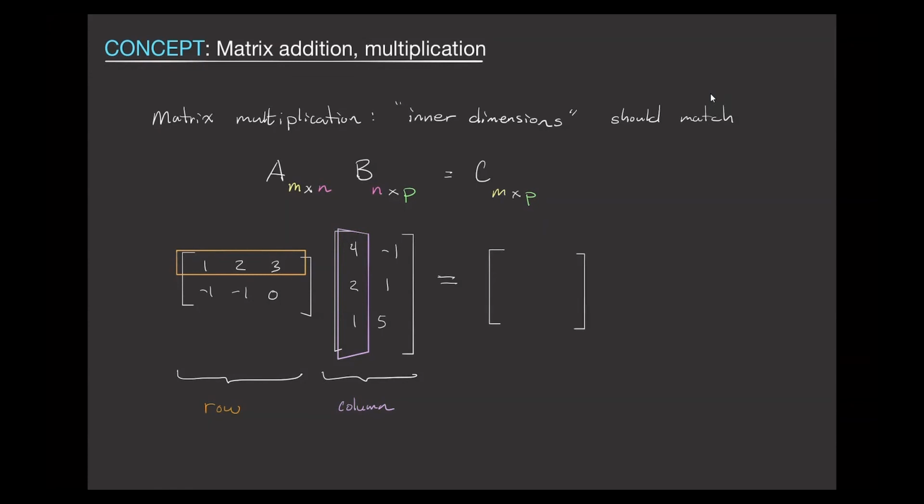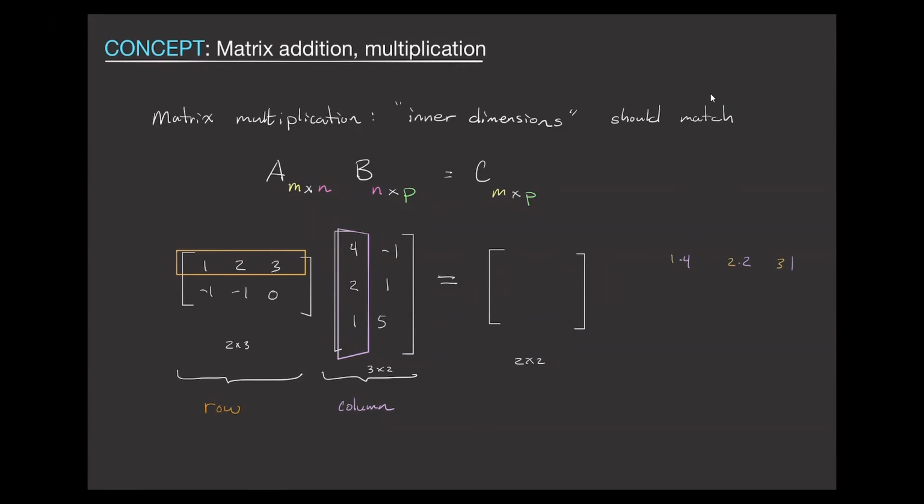Now we said, here's a 2 by 3, and then here's a 3 by 2. So what we should end up with is a 2 by 2. We end up with the outer dimensions. Now, when we match up this row and this column, we take the entries 4, 2, 1 from the column and multiply them by the entries 1, 2, 3.